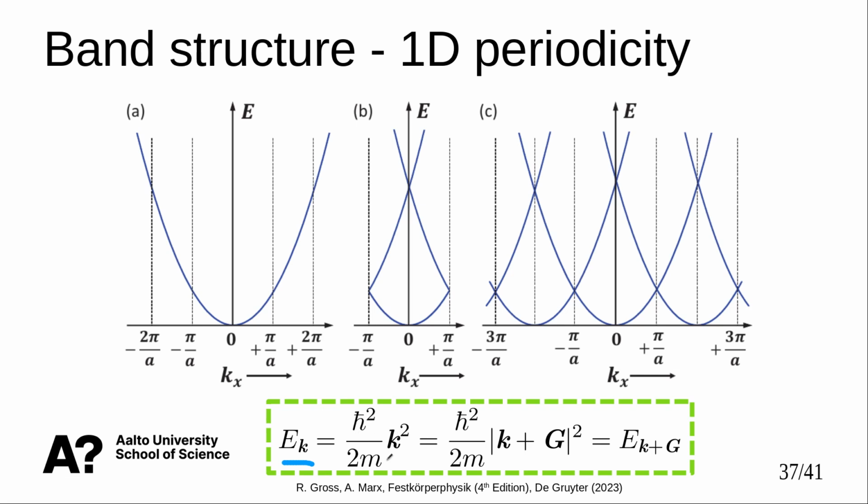It's h bar squared times k, the wave vector, squared, divided by 2m. And if we take a periodic continuous potential, we need to add the G vector, right? Because that provides us information about the periodicity. And it's basically the same. It's h bar squared divided by 2m multiplied by k plus G squared. So actually E of k is the same as E of k plus G.